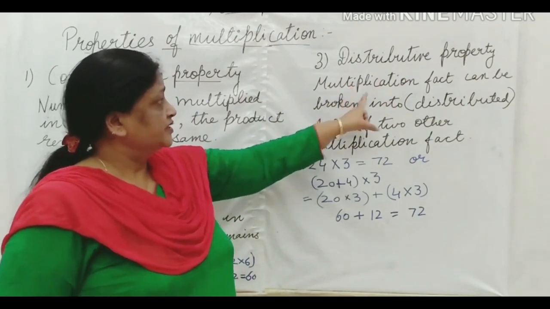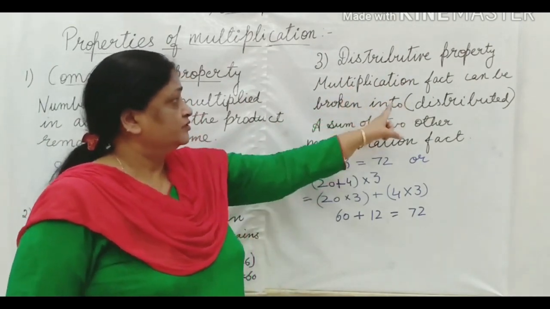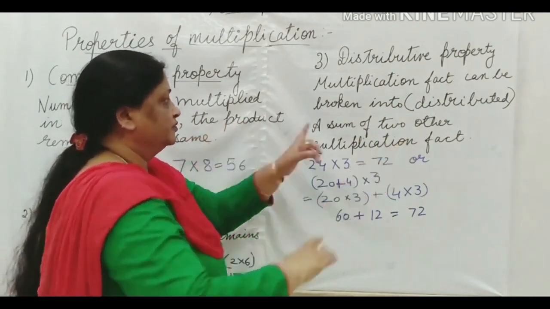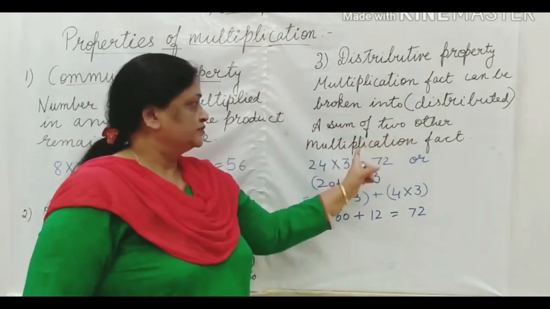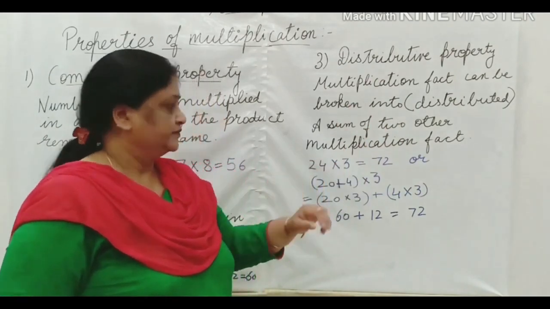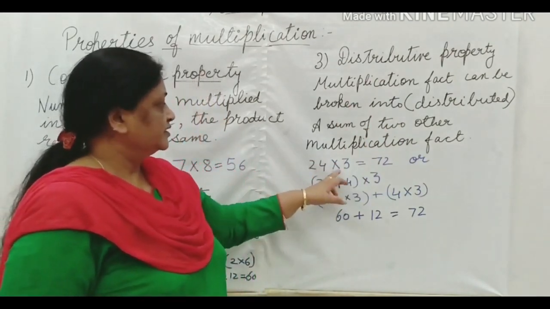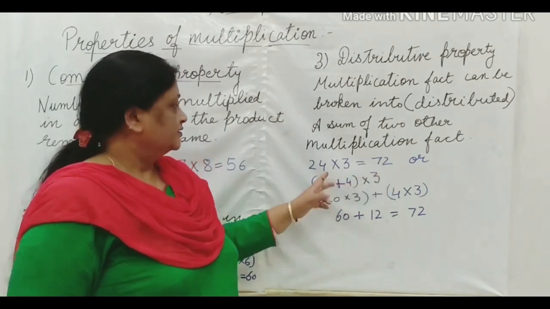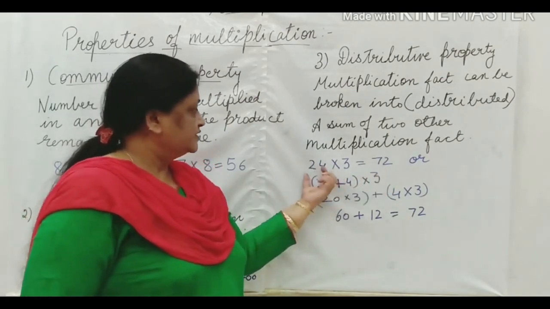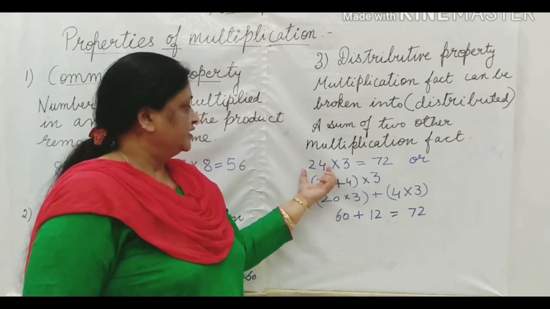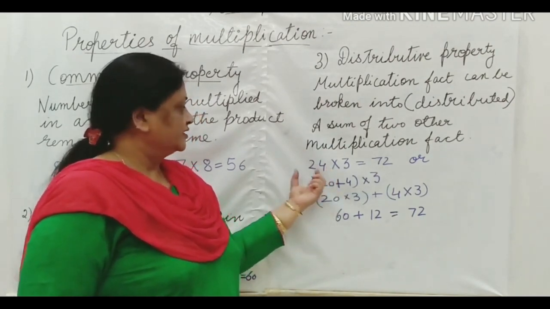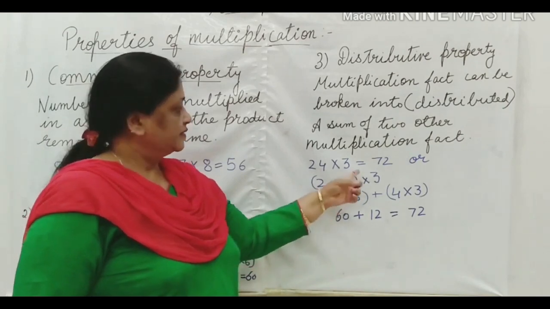Now the third property is the distributive property. In this, a multiplication fact can be broken into, or distributed, means we write it in expanded form, as a sum of 2 other multiplication facts. Let's see. We have 24 multiplied by 3, that is 72. We know that. But instead of multiplying with this big number, we have expanded it and written it another way, 20 plus 4, multiplied by 3.